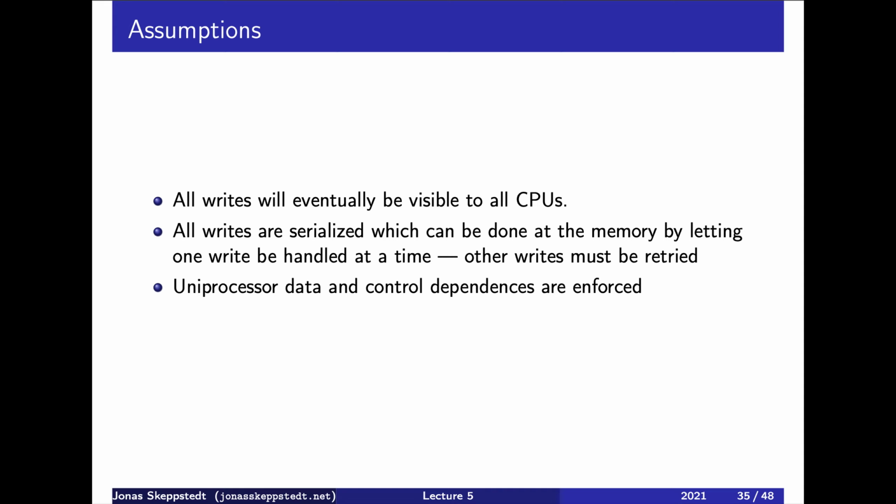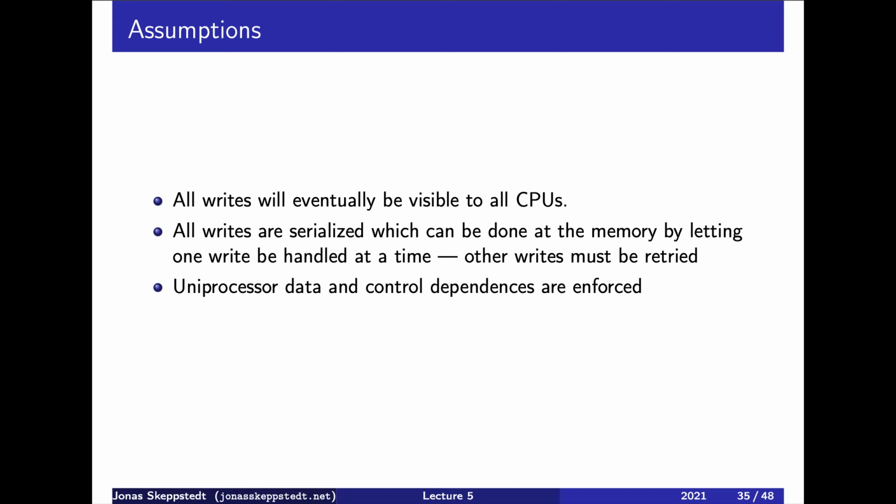And also that the uniprocessor data and control dependencies are enforced. What does that mean? Well, it is what we expect from a computer. First, data dependencies: if we write to a variable x and then read, we should get the latest write that we did.